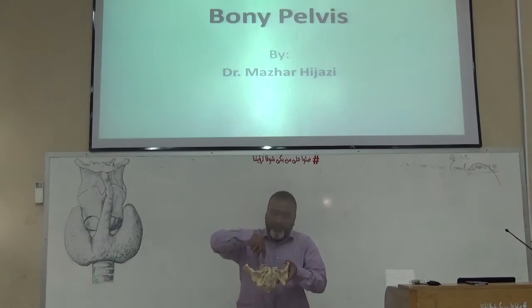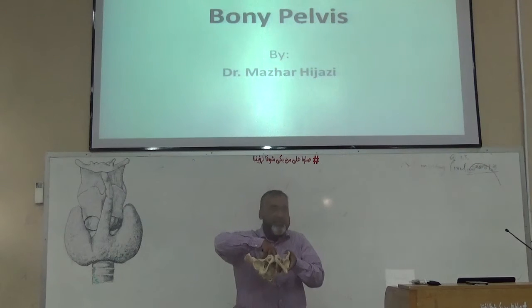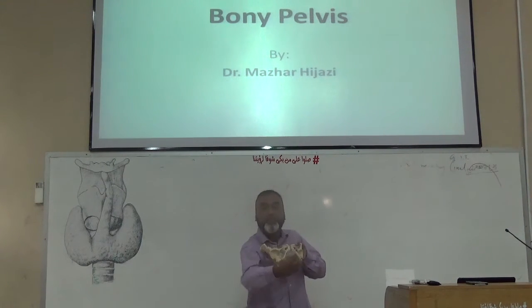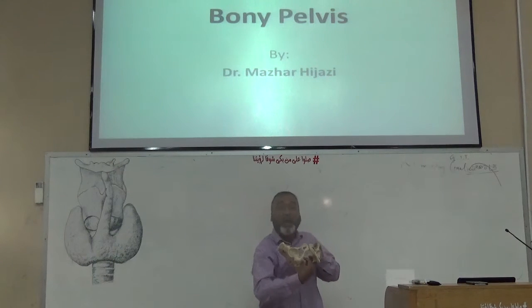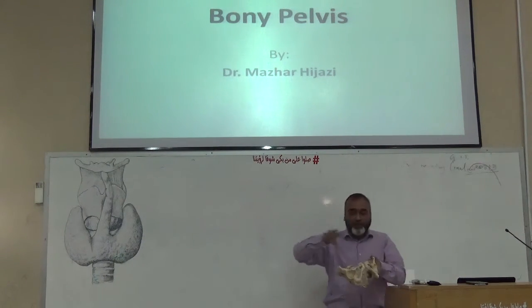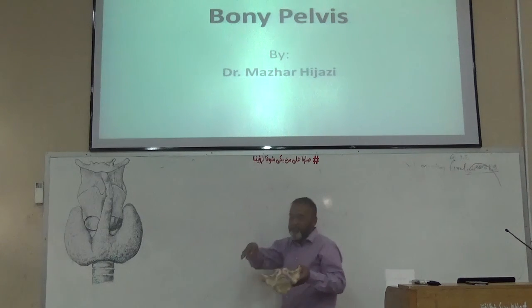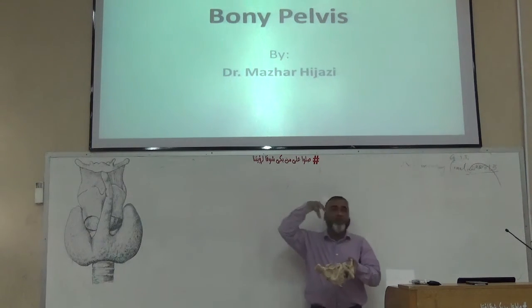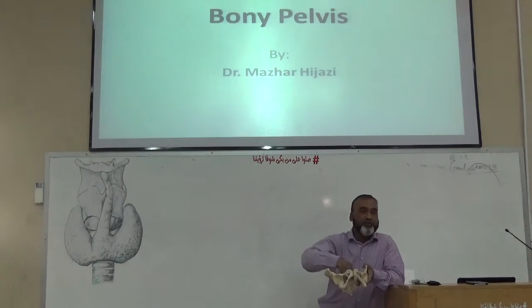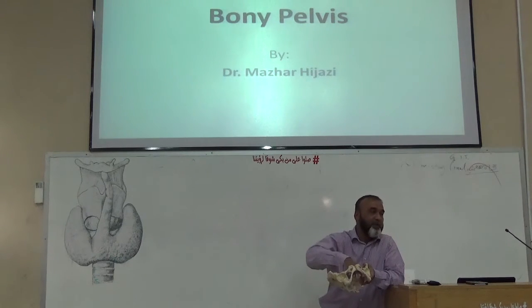This is the entrance or pelvic inlet, and the area between the tuberosities, coccyx bone and the subpubic arch is named the pelvic outlet. Clear? So we should know an outline of how the false pelvis continues with the true pelvis, and then the structures come out through the pelvic outlet.